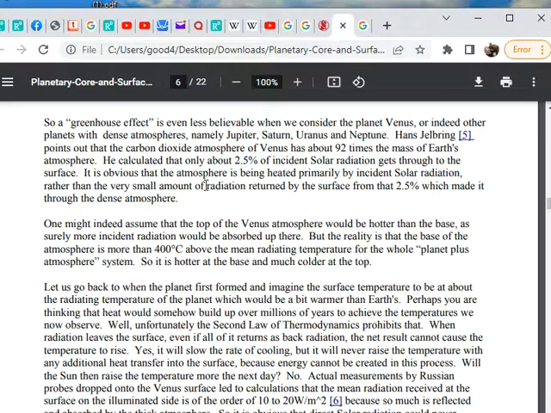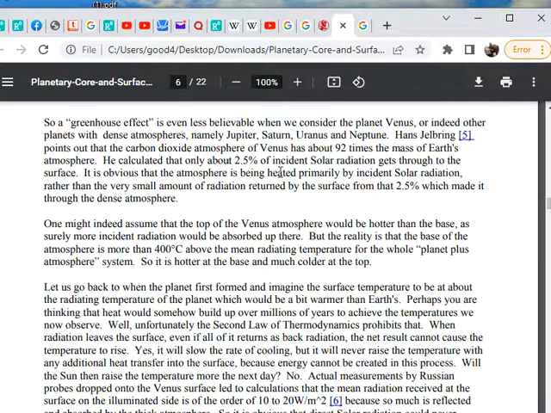Or no, it's not going to be 2.5% in to 2.5% out. It's going to be that the energy coming in, this 2.5% of the incident visible radiation, compared to the energy of the outgoing radiation, is going to be about 100%, as long as the state of the atmosphere is in equilibrium.